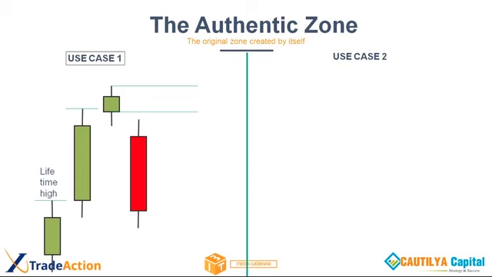It's a very new zone. Price had never gone there in its lifetime. It has gone for the first time. So this zone is powerful. That is an authentic zone. Go and check the Maruti authentic zone at 10,000. You will get an idea.